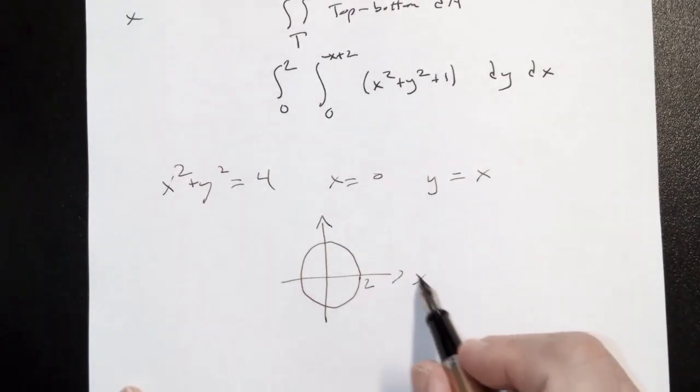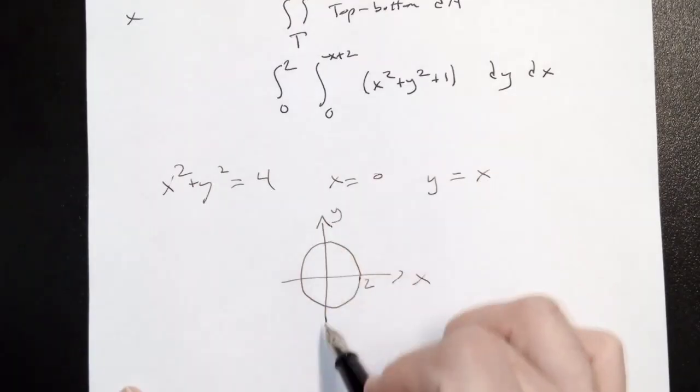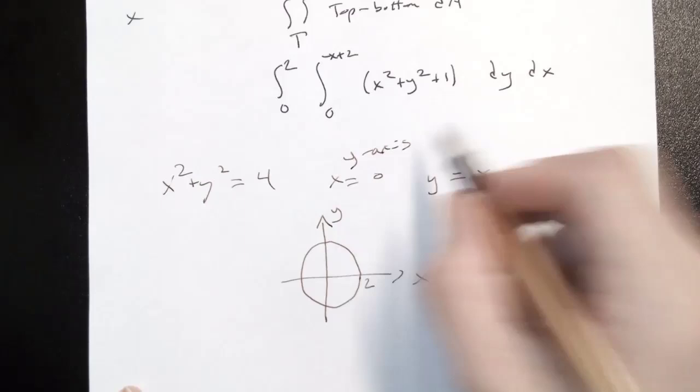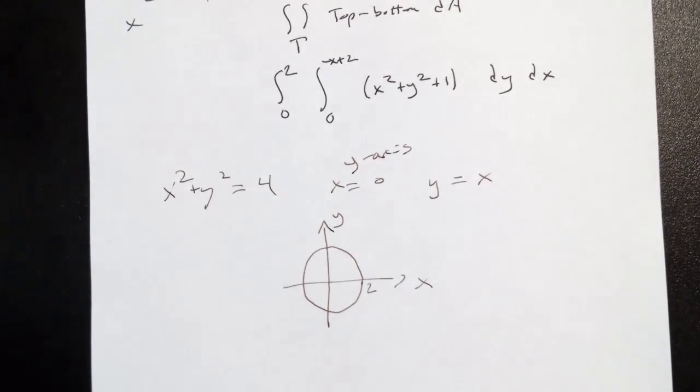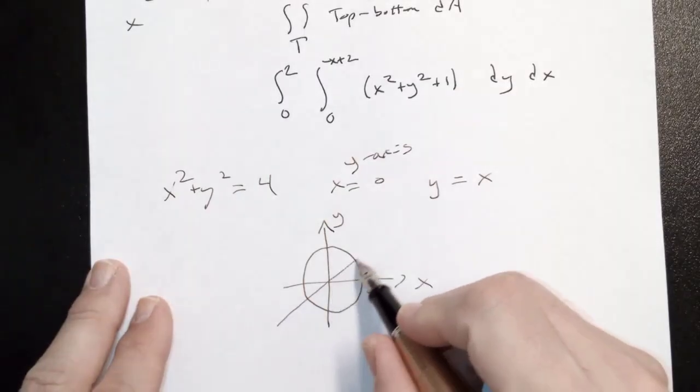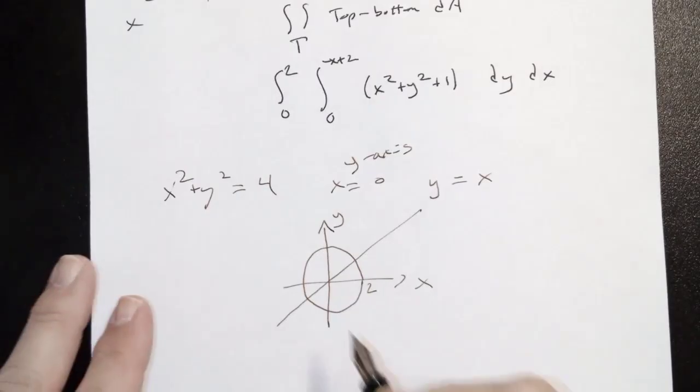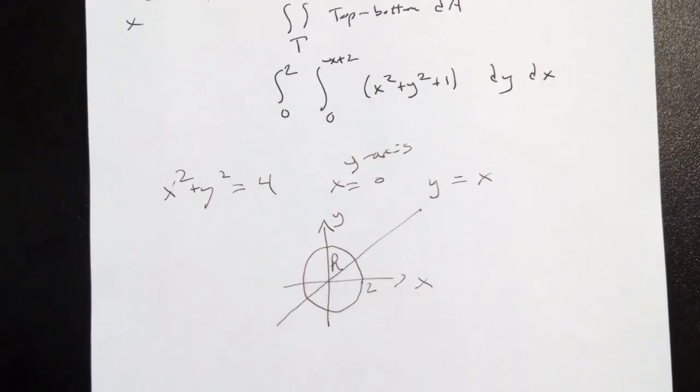X equals 0 is the y-axis. Y equals x. Wait a minute, I'm bounded by the y-axis and this, so my region is here. Okay. That's a polar rectangle.